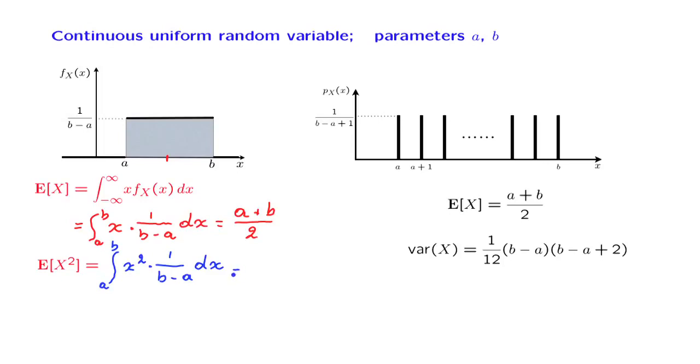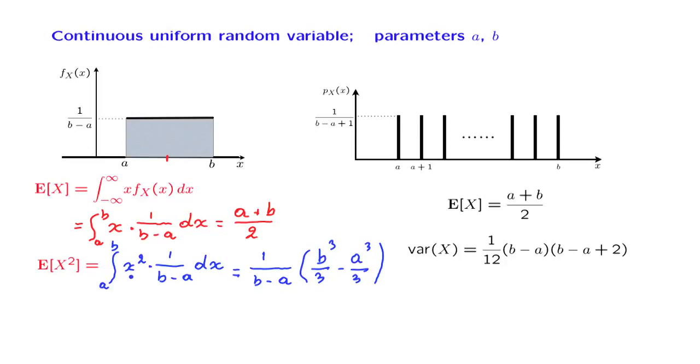We can evaluate this integral, and the answer turns out to be 1 over b minus a times b cubed over 3 minus a cubed over 3.